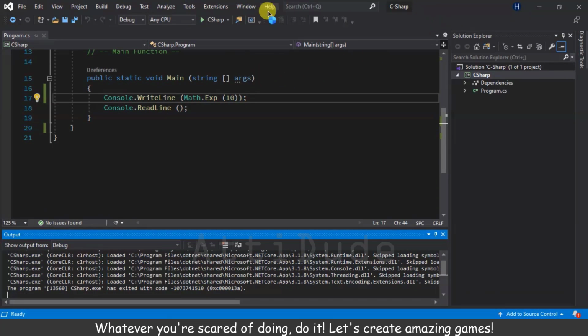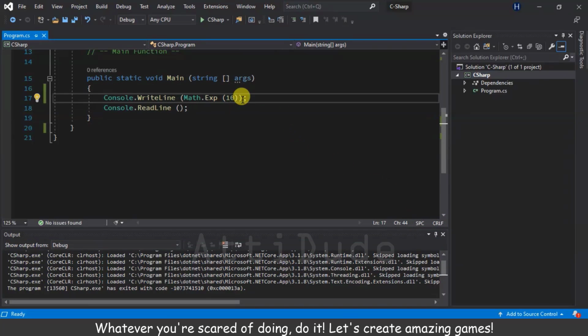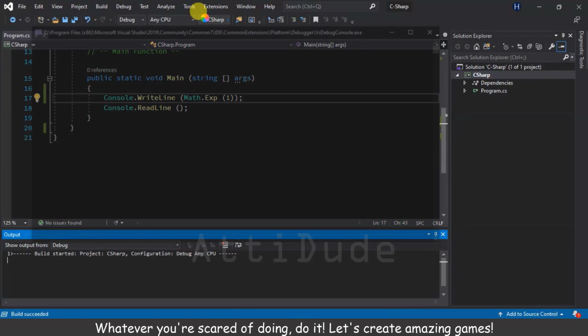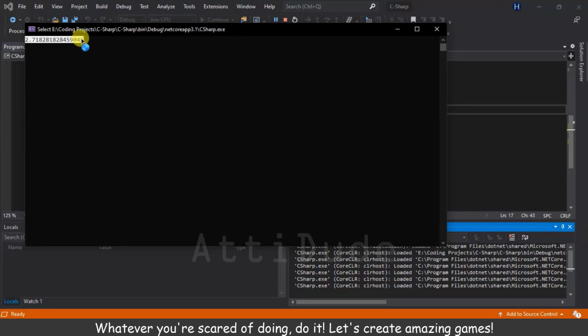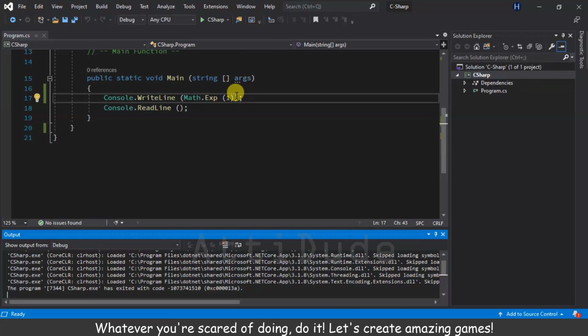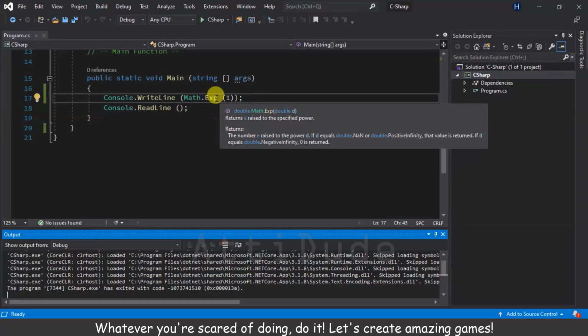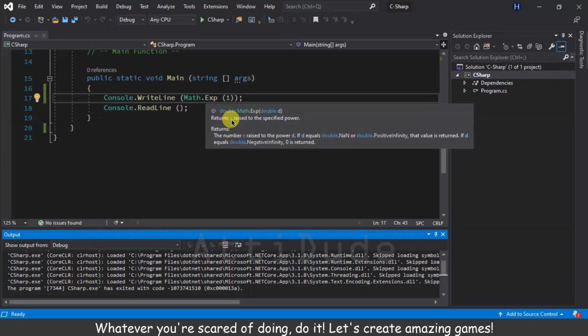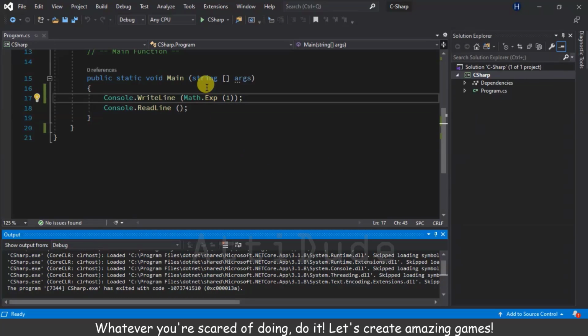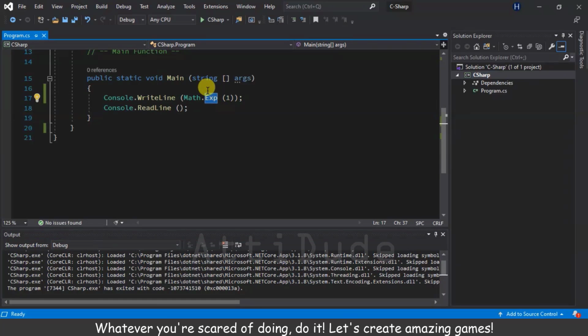Ooh. What is it doing? Let's just say raised to the power 1. I don't know if this value is the value of logarithm, and basically it works like this. I think it's really the logarithm, so we're gonna leave it. We're gonna use power.